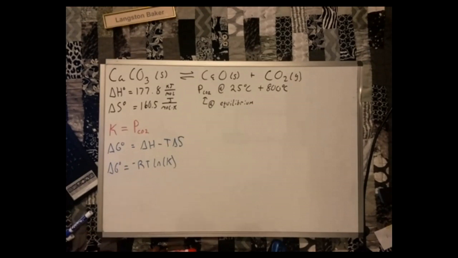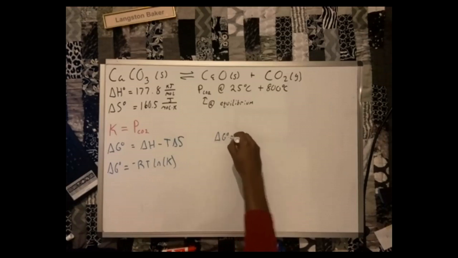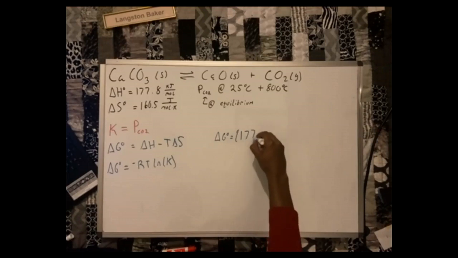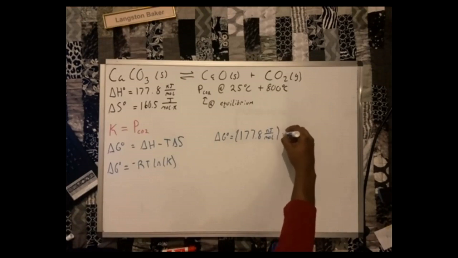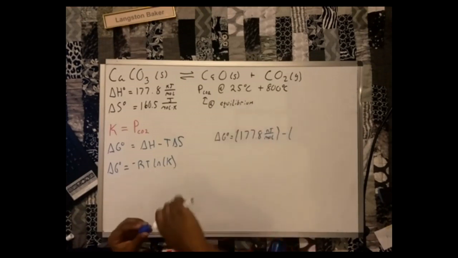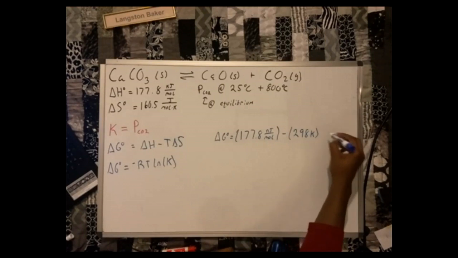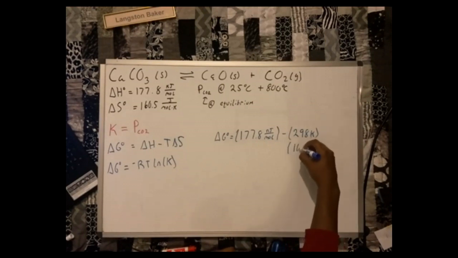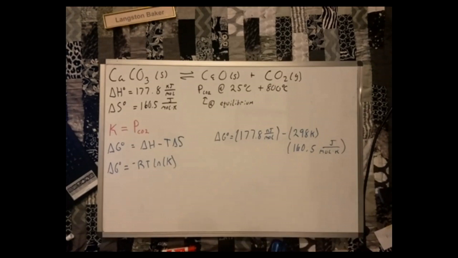So let's do that. Delta G equals my 177.8 kilojoules per mole minus my T, but in Kelvin, so 298 Kelvin, times my 160.5 joules per mole Kelvin.